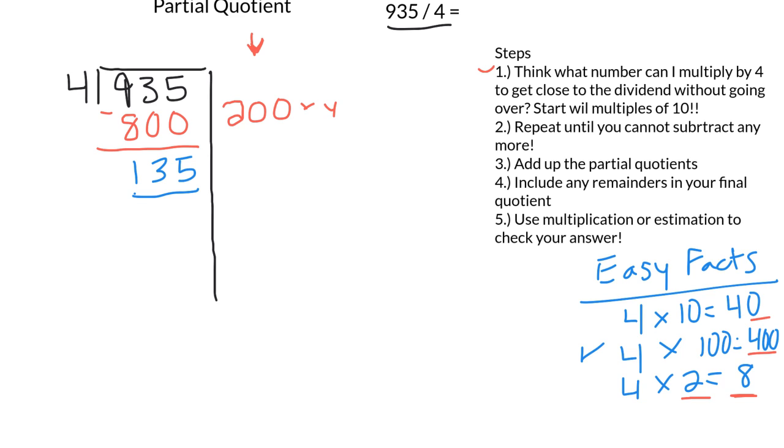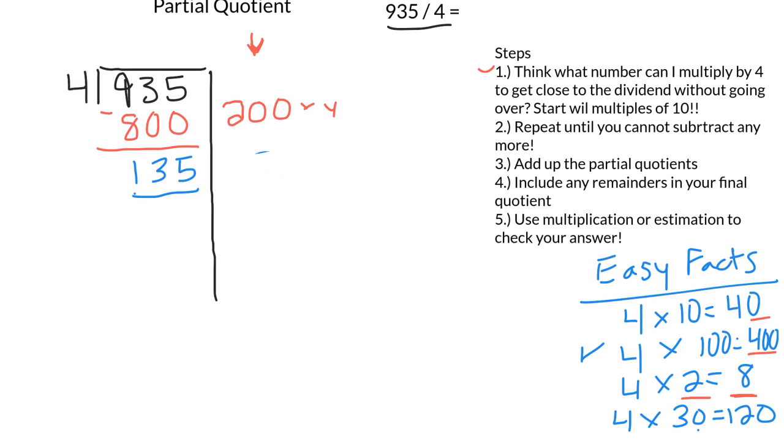I'm actually going to use another fact we didn't write down. I'm going to use 4 times 30 because I know that 4 times 3 is 12 and 30 is 10 times greater than 3. So 4 times 30 is 120. So that's what I'm going to use. I'm going to use 30 times 4. I should have written that down a little bit differently.